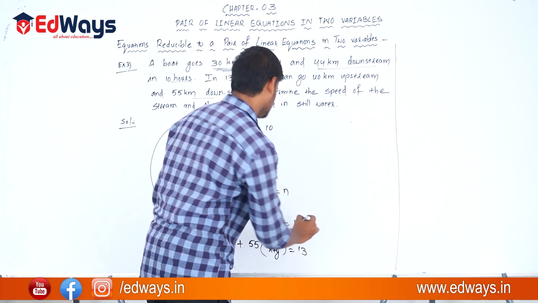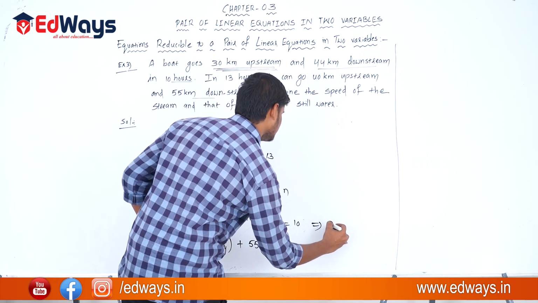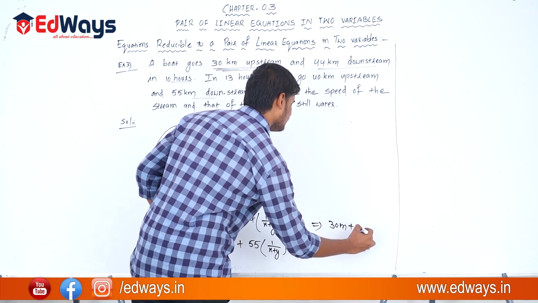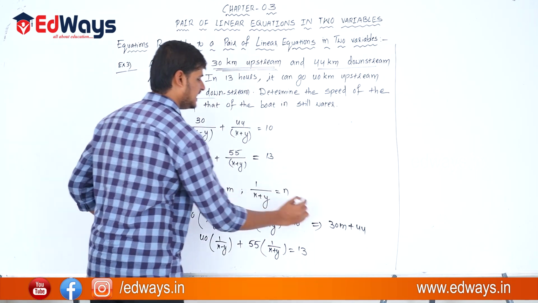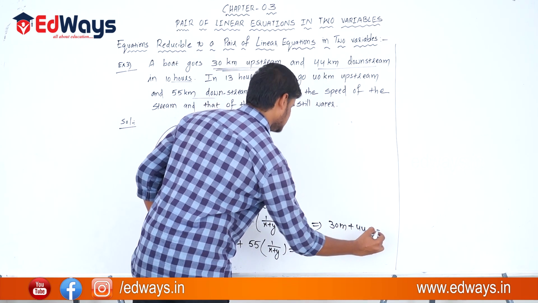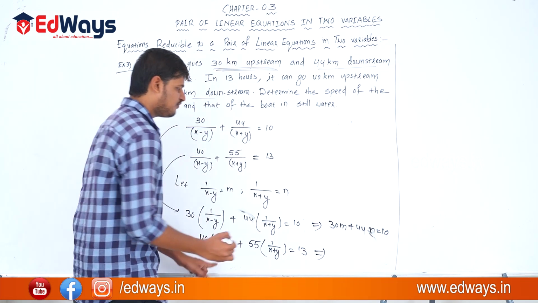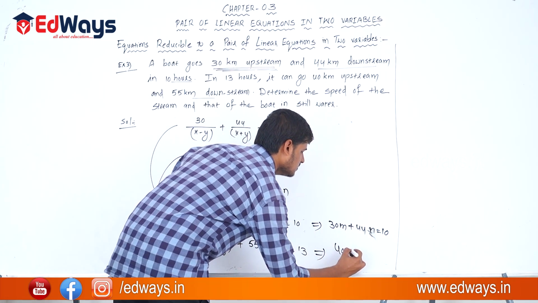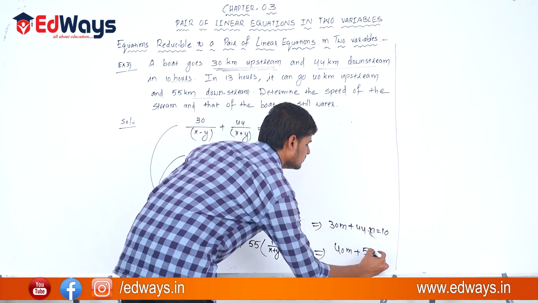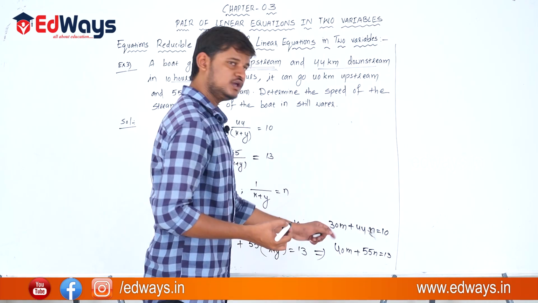Now substituting m in place of 1 by x minus y and n for 1 by x plus y, the first equation becomes 30m plus 44n is equal to 10, and the second equation becomes 40m plus 55n is equal to 13, right. These are the two equations we got.